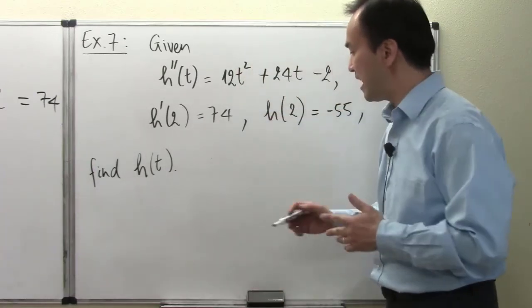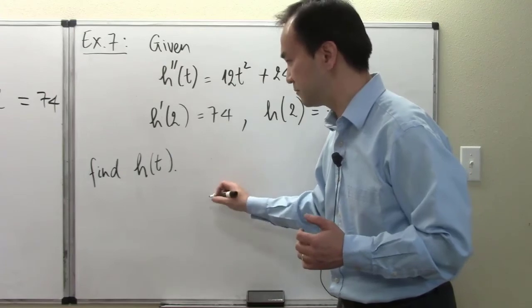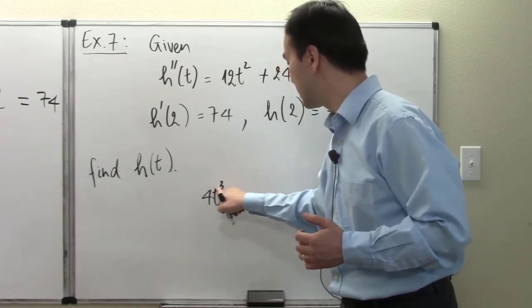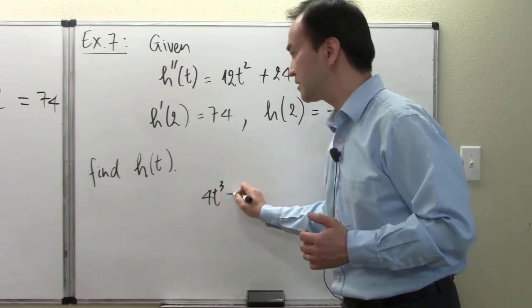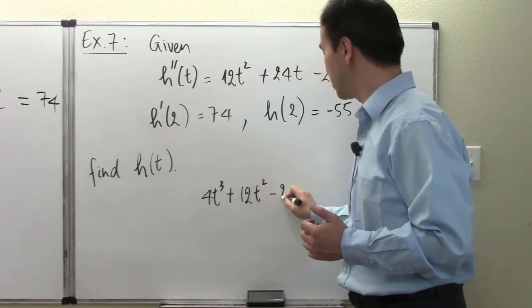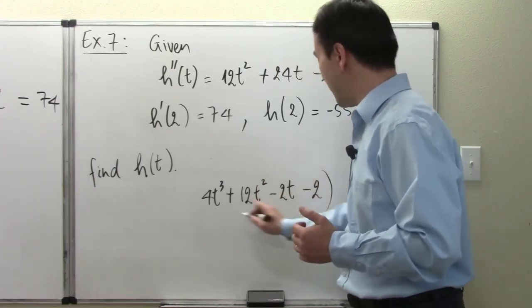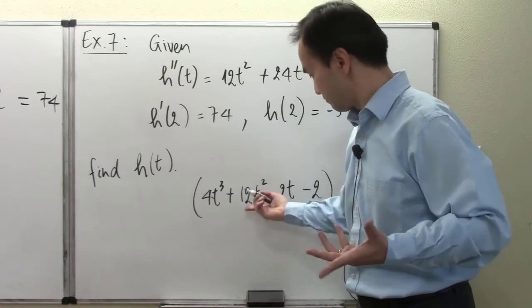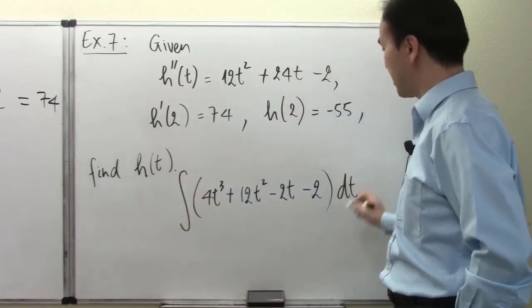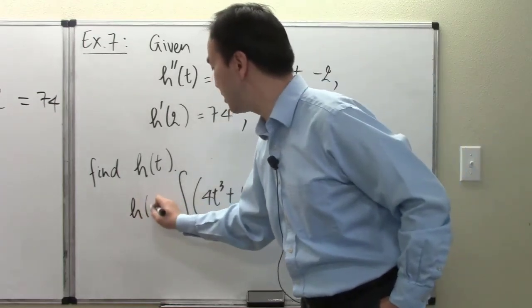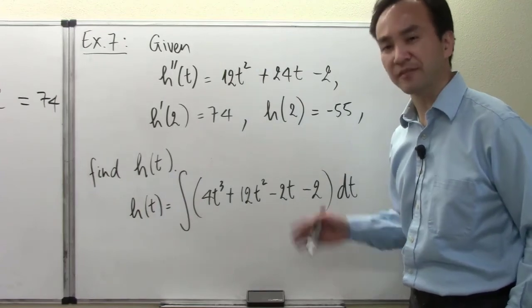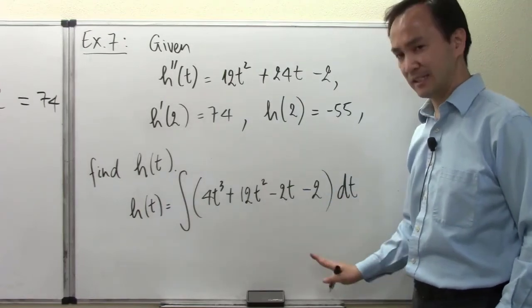With our currently found h prime being 4t cubed plus 12t squared minus 2t minus 2, now I'm going to take the antiderivative of this h prime, and that's how I will land on my final h of t. Going backward on any derivative, taking the antiderivative, that's the only key right there.